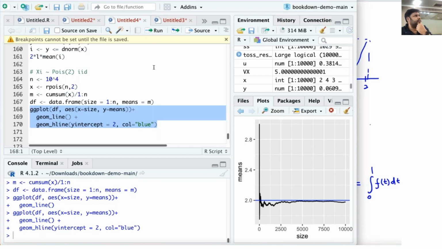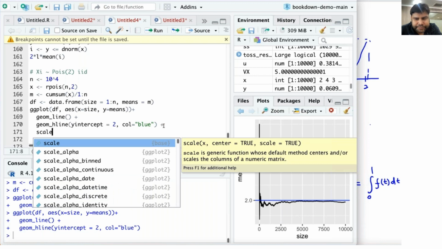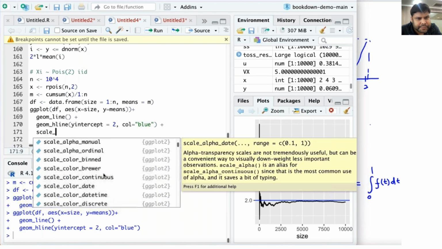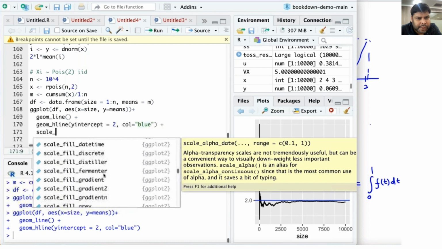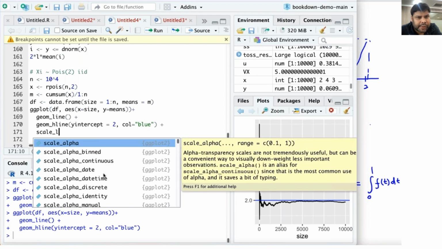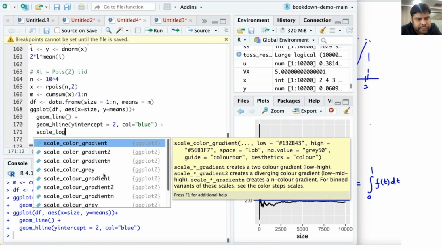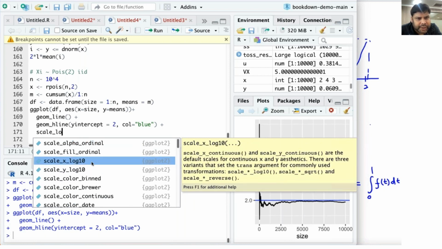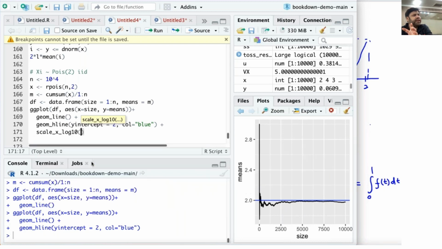Is that fine? I think we can also change the scale. I don't remember the command now. Scale. So let's put the x-axis on log scale.